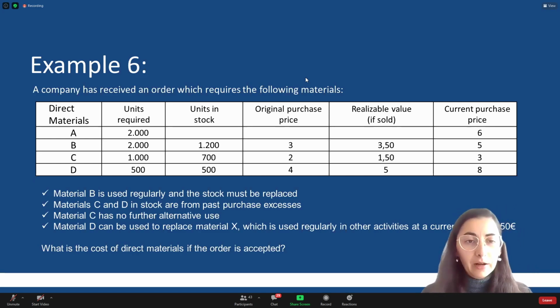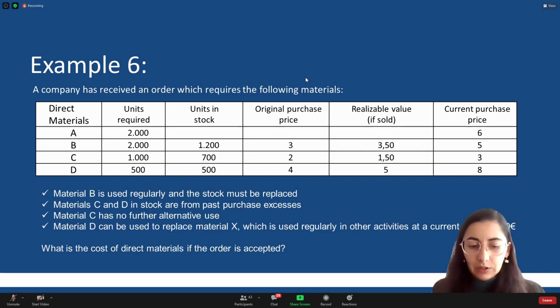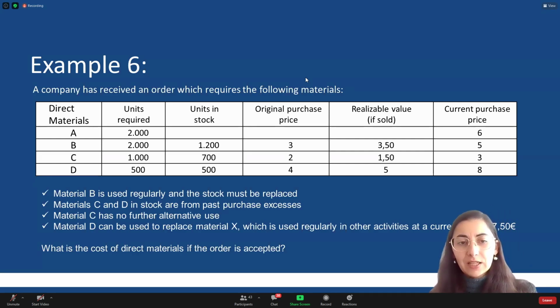Then let's go to material C. Material C will require 1,000 units, and we have in stock 700. So for material C, we require 1,000, we have 700. That means that for the 300, we have to purchase at 3 euros.